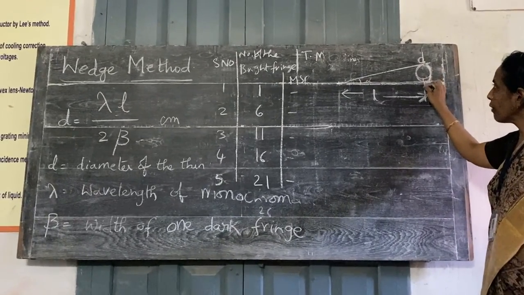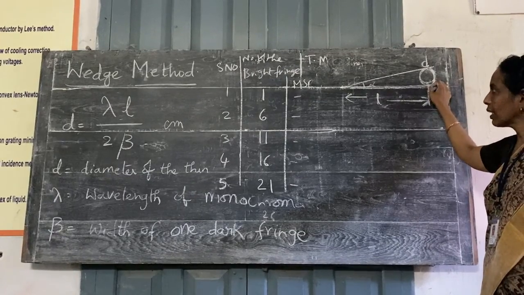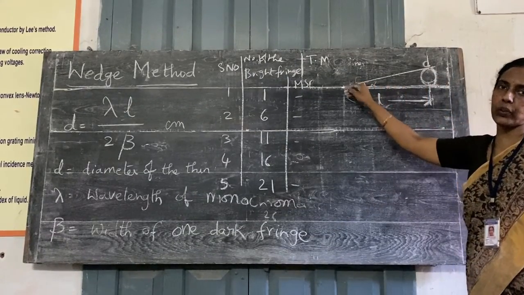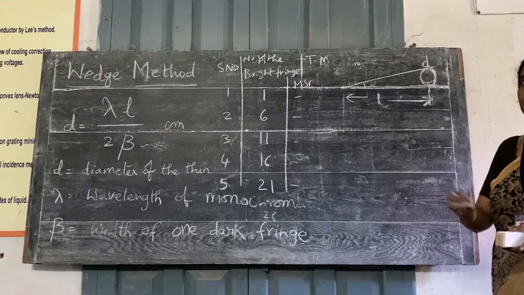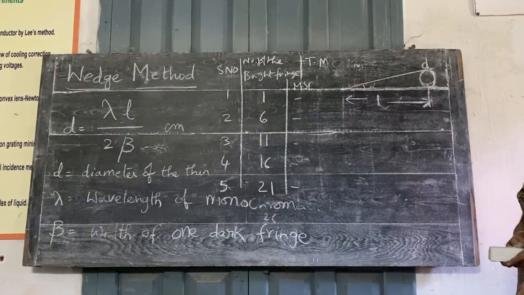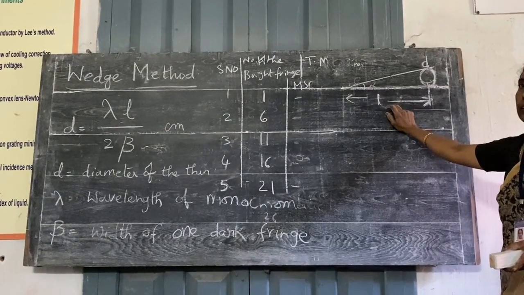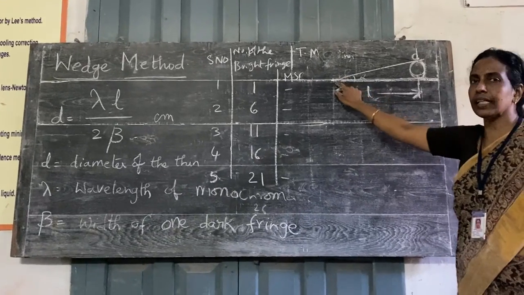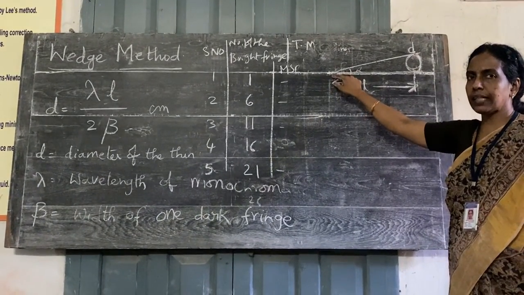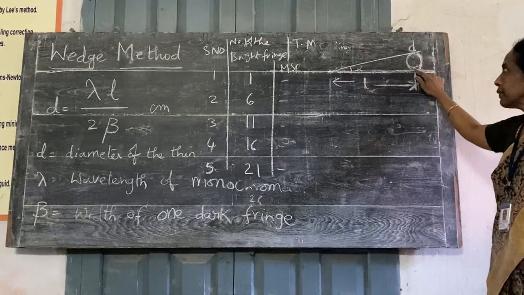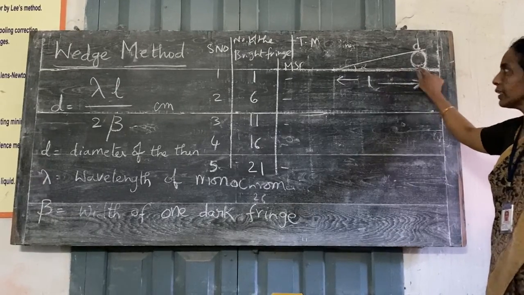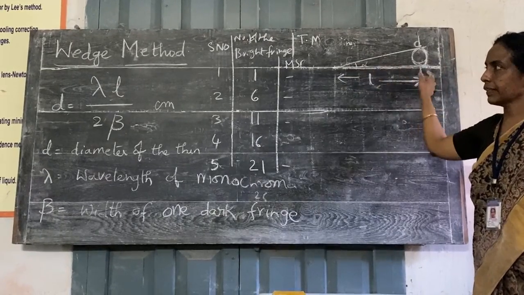L is the distance between the point of contact of the two plain glass plates used to make the wedge shape arrangement and the thin wire. This is the length L.